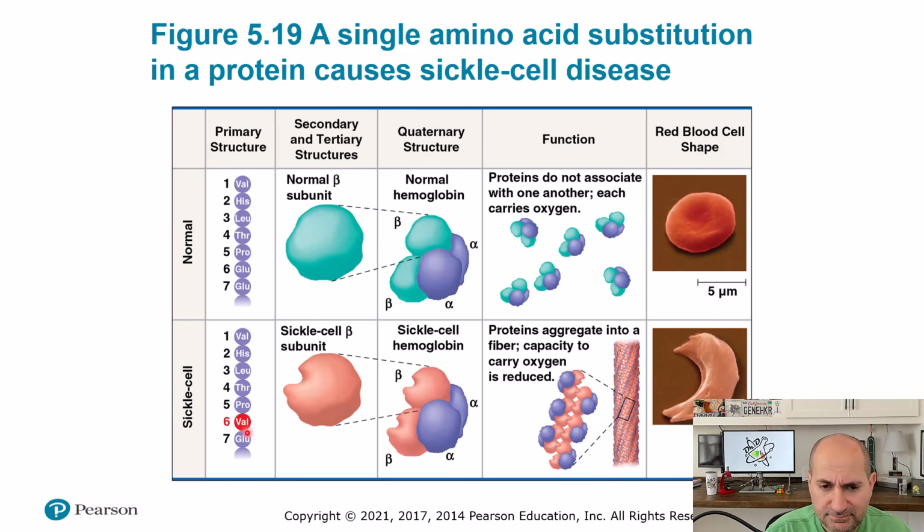This mutation causes the beta subunit of hemoglobin to misfold with an exposed hydrophobic region. And when this forms a quaternary structure with other hemoglobin proteins, this exposed hydrophobic region causes the quaternary structures to link together, forming filaments that stretch out the cell. If you need a refresher on that, don't forget you can watch the chapter 5 video.